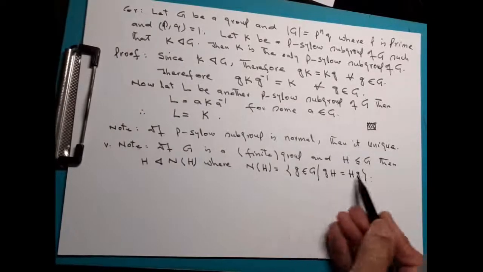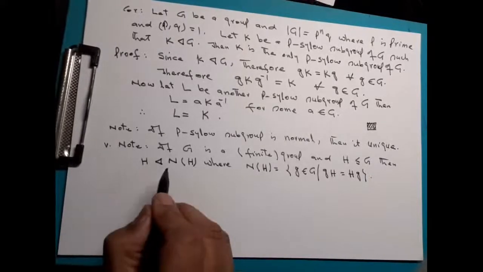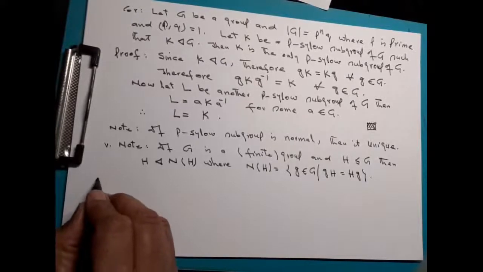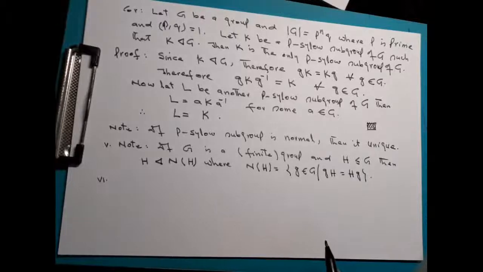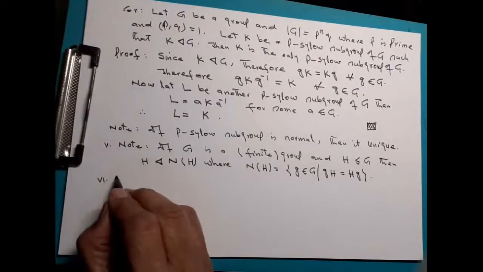It is very simple to see from this particular condition. This exactly says that H is a normal subgroup of its normalizer. So having said that, let's come to the third isomorphism theorem. Sorry, the third Sylow theorem. So now we come to the third Sylow theorem.